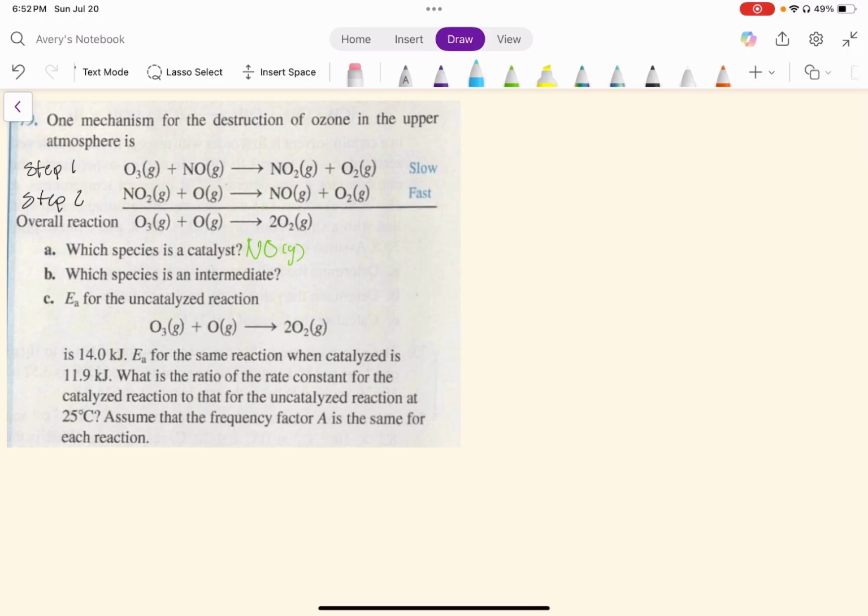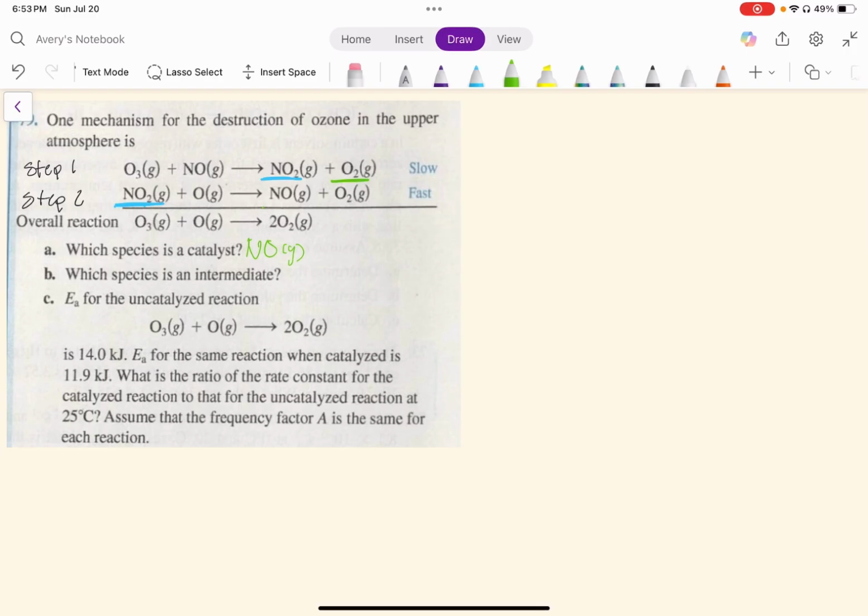Here in the products of step 1, we have NO2, and we have NO2 here again in step 2. In step 1, we are also given O2 as a product, but we're not given O2 in the reactants of step 2, so we need to look even further just to make sure.